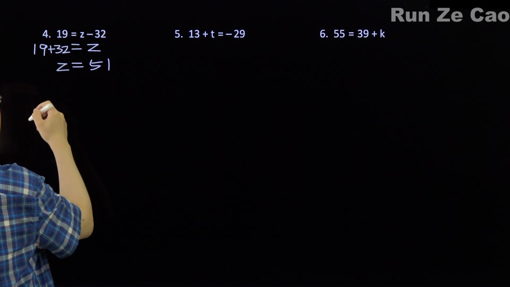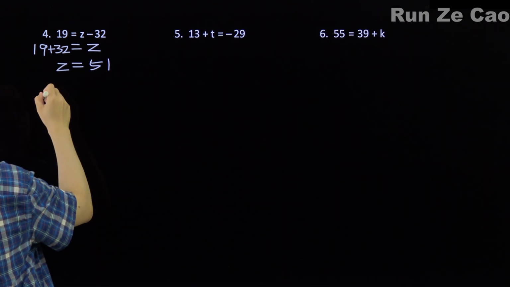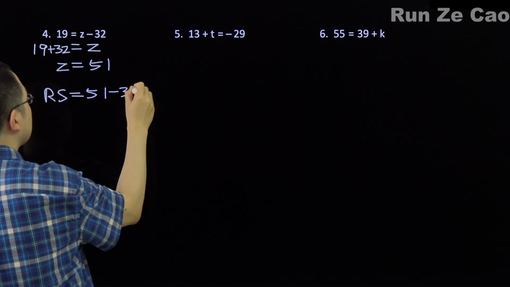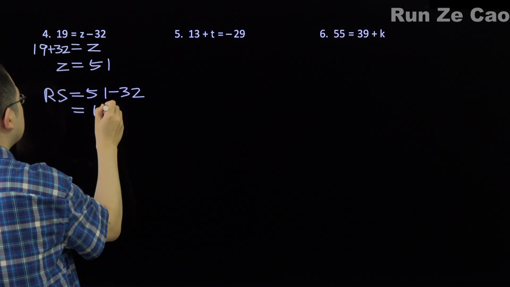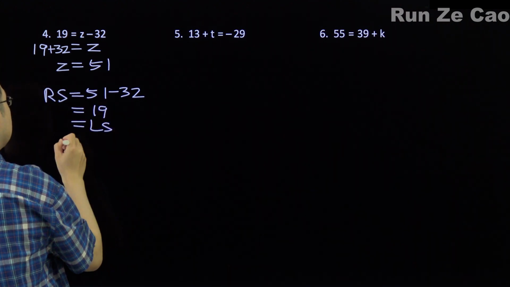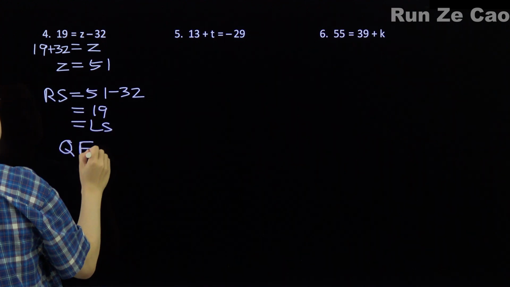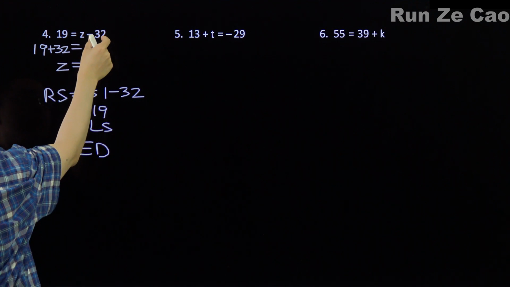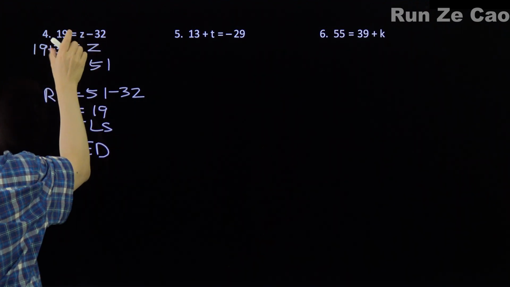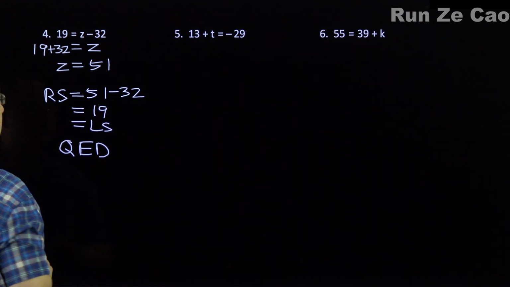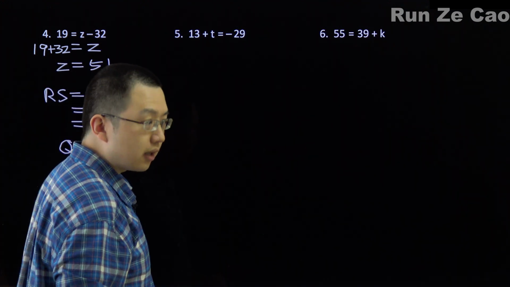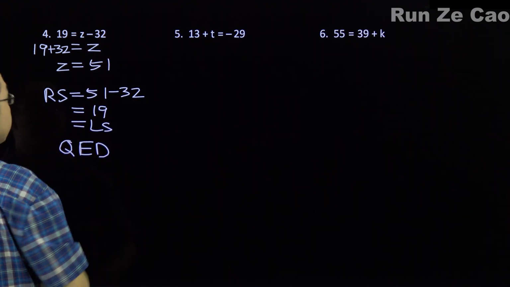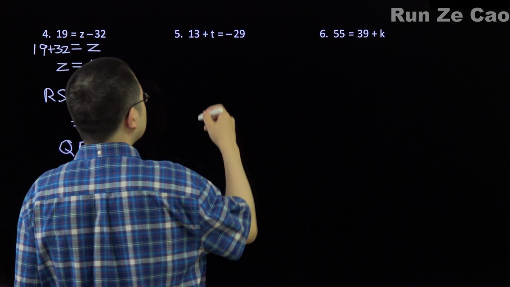So z equals 51, and then you would go right side is equal to 51 minus 32, which is equal to 19, which is equal to left side. Therefore, QED. Or you could have moved that over and flipped the sides in one step. Like the first line could have been z equals 19 plus 32.